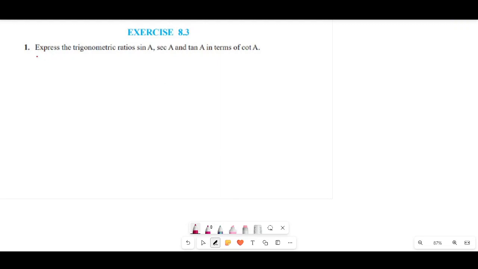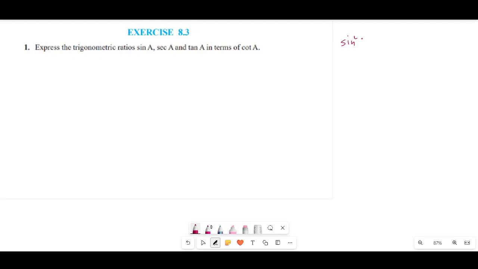Now, first question: express the trigonometric ratios sin A, sec A and tan A in terms of cot A. Before this, we should remind ourselves of the formulas, which are very useful.